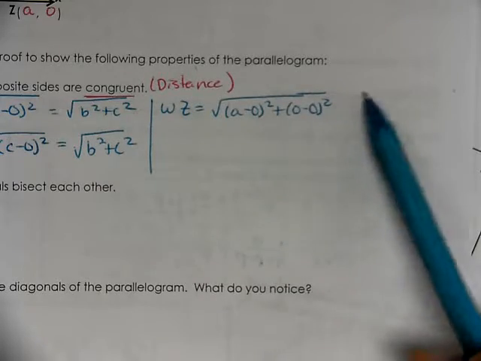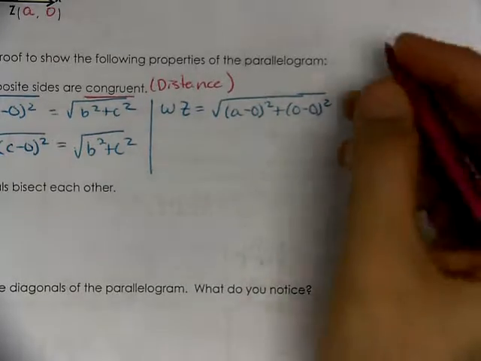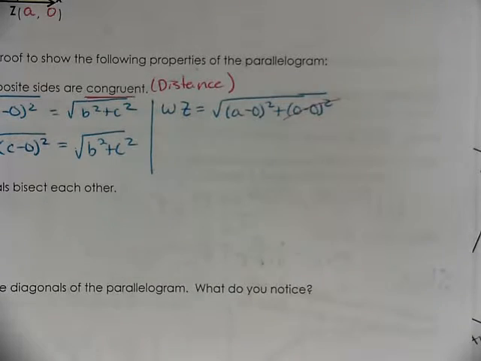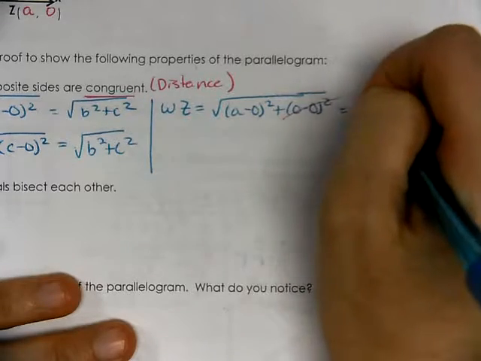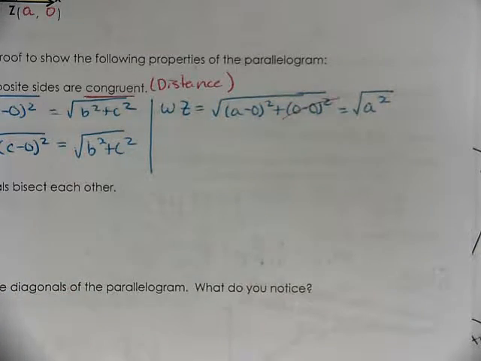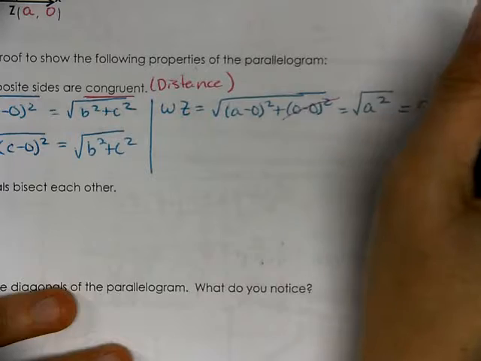What happens to my 0 minus 0? Cancels out totally, right? So you end up with the square root of A squared, which is what? Just A.